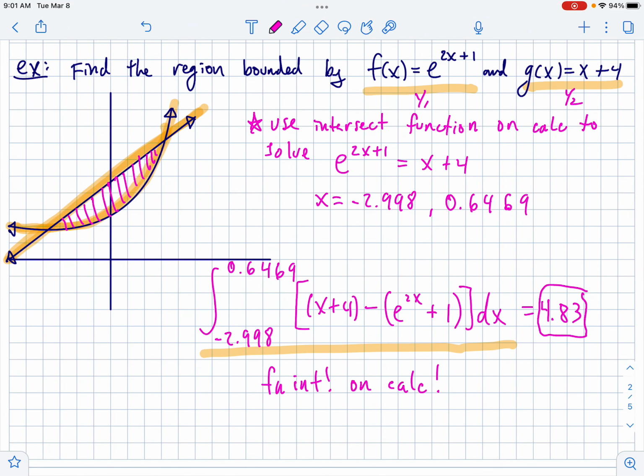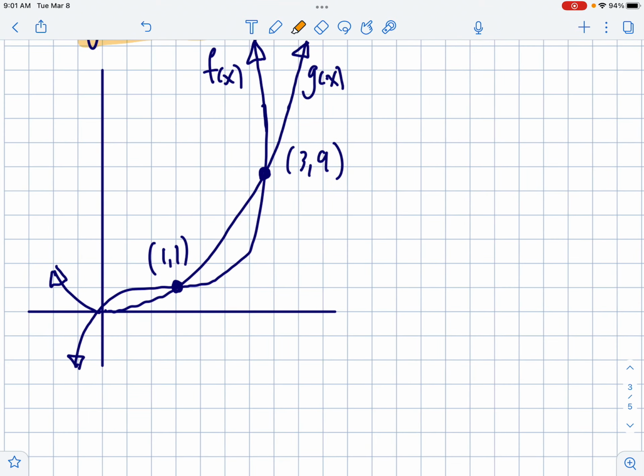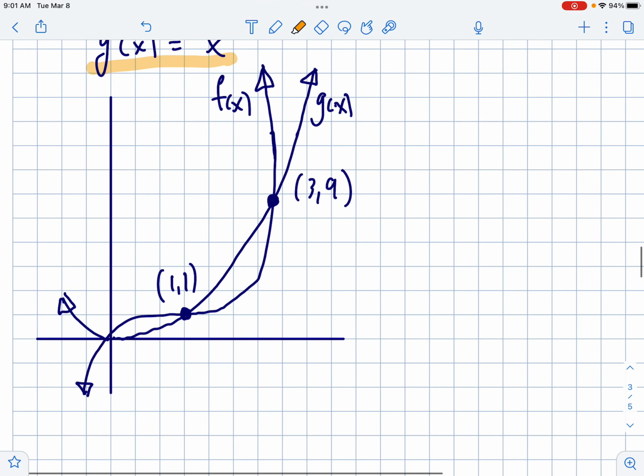Sorry, here's the whole problem. This one is interesting because we're going to embrace the calculator once again. If you graph this cubic and this square and adjust your window, you get a picture like this. Now, this is interesting because we need to find this area plus this area.